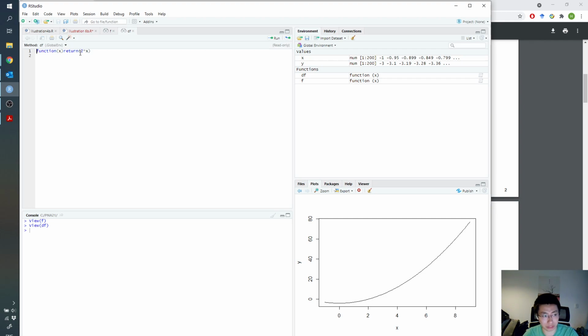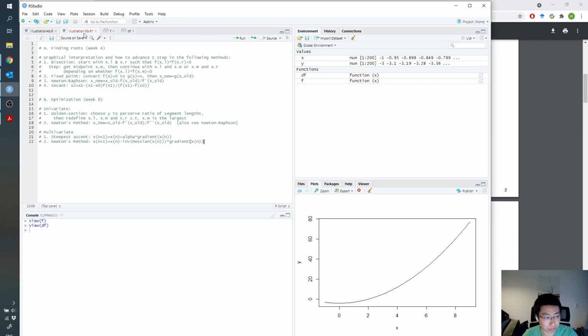And the derivative of f is then, of course, just 2 times x.